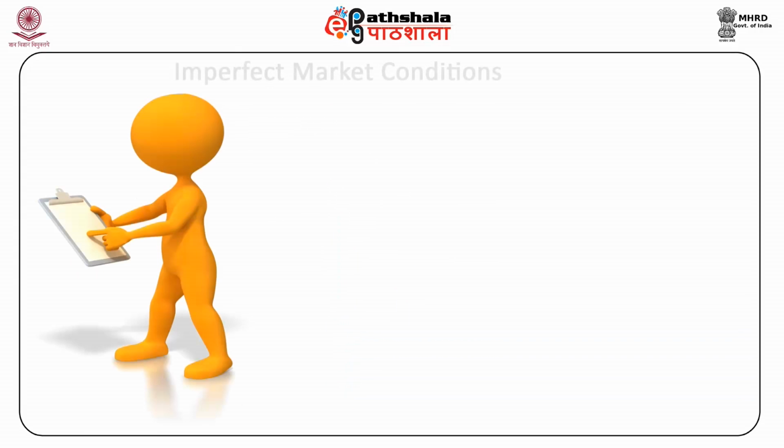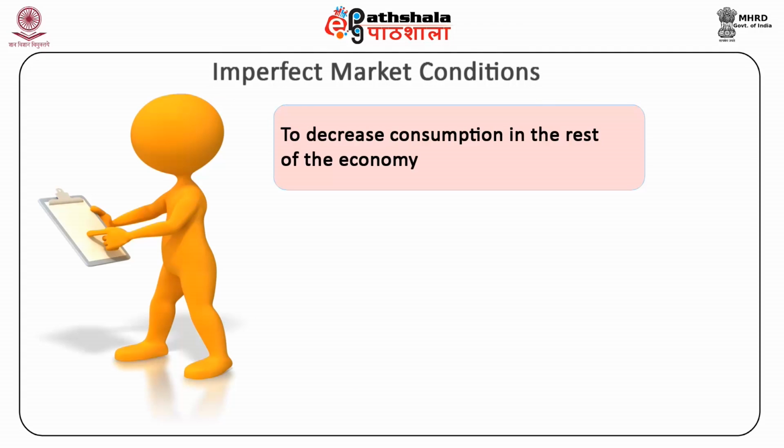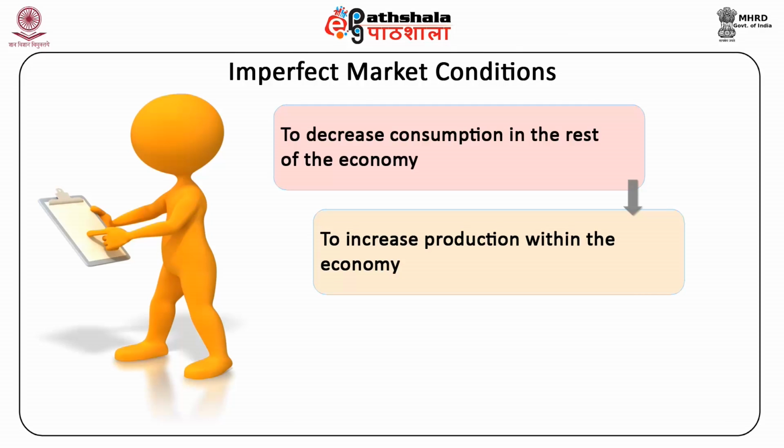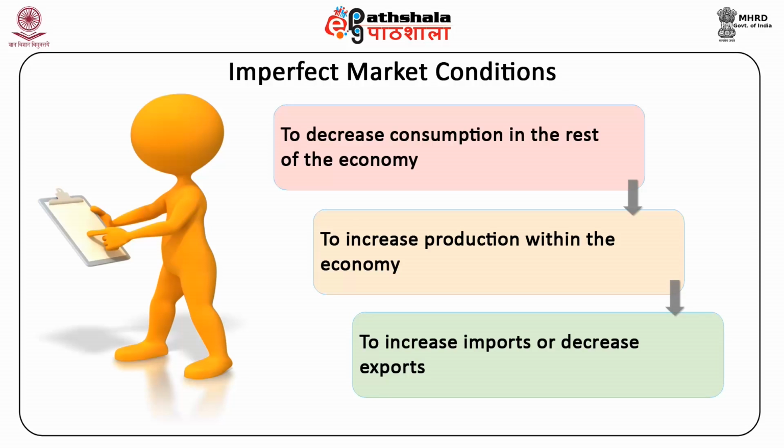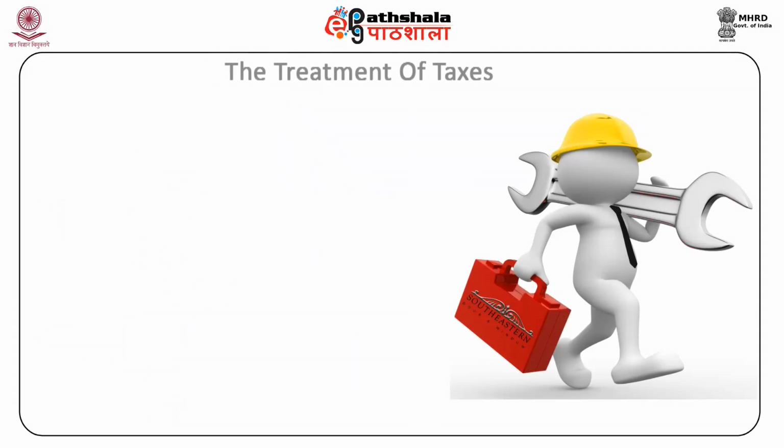The corollary impacts of a project's consumption of inputs may be to decrease consumption in the rest of the economy, to increase production within the economy, to increase imports or decrease exports. A project may have all three of these impacts simultaneously, and they in turn may affect both inputs and outputs.